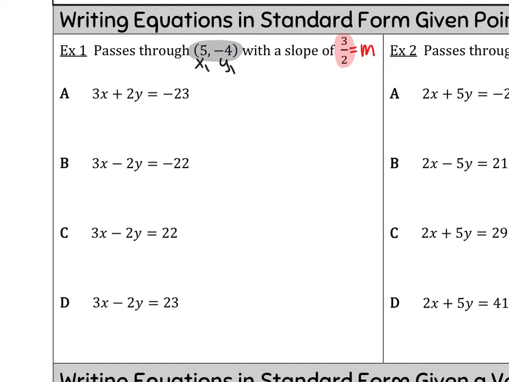If you look at number 8, number 8 is ax plus by equal to c. Don't overthink it. This is the format that they gave you. Is one of those letters an m? No, so it doesn't tell you the slope right away.